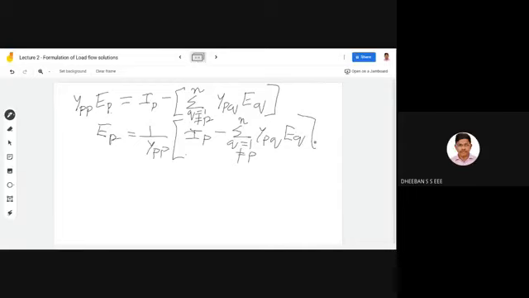So not E, it is V. In some books they might be following E also.